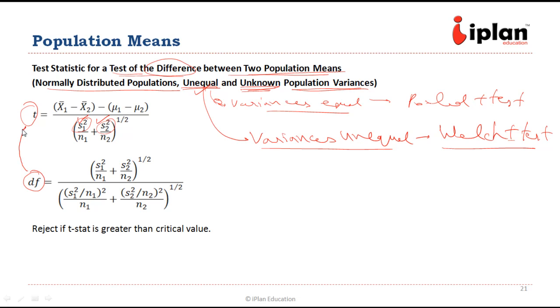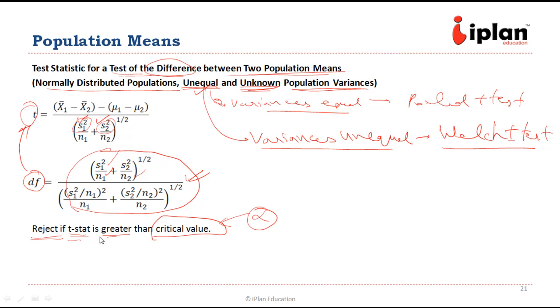The degree of freedom used for this t statistic is complex. It is calculated through this formula. In the previous case it was simple, n1 plus n2 minus 2, but here it has to be calculated based on the sample variances and the sample sizes. Again, if the t statistic is greater than the critical value, which is calculated based on the significance level, we reject the null hypothesis.